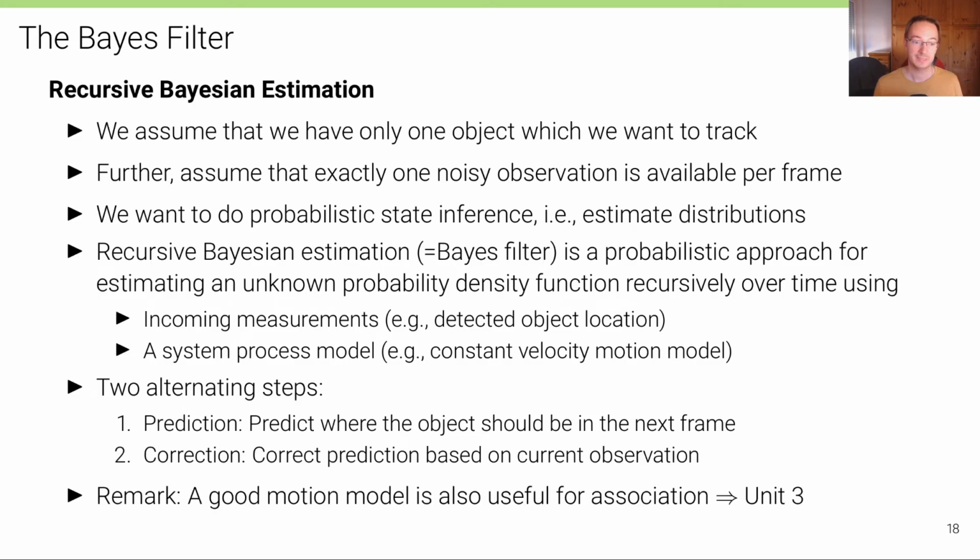And it involves a second correction step where we correct the prediction based on the current observation. The prediction doesn't yet know anything about the current observation, so we are integrating that current observation back into the prediction. You can think of this as building a weighted sum between the prediction from the motion model and the actual observation.